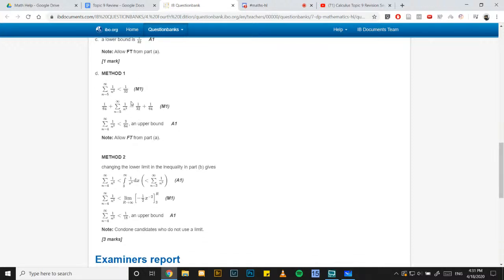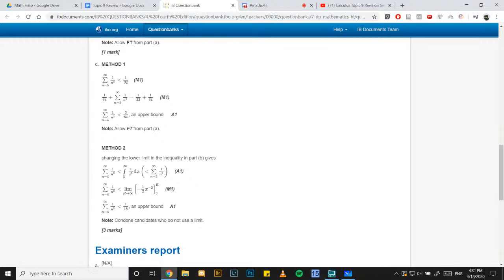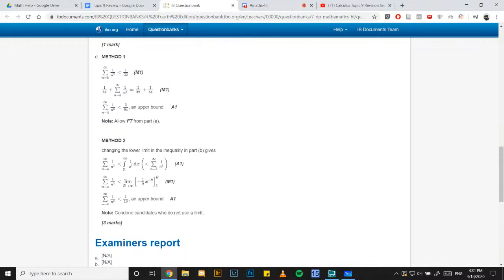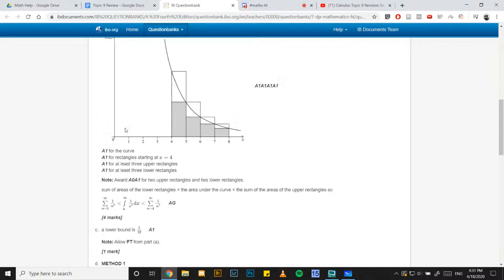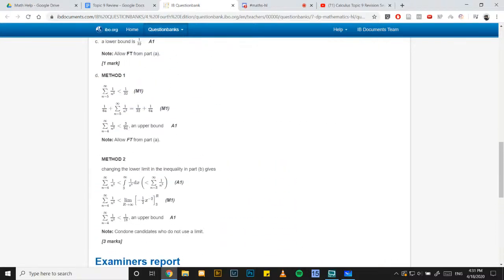So for method one, this is your first one: noting the first fact, and then the manipulation with 1 over 64 right over here, and then finally the upper bound, which is the answer. And again, if you make the same mistake in part C or part A or anything like that, it'll carry forward.